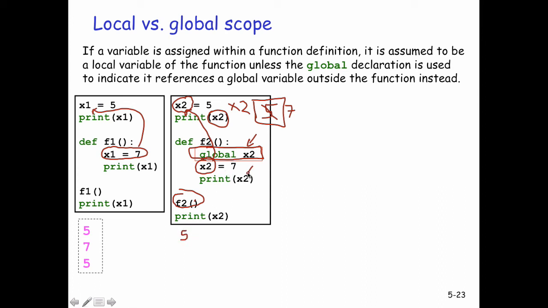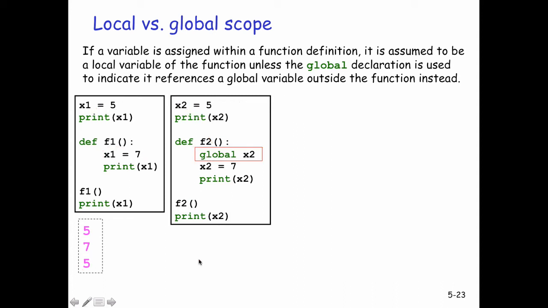Then in our second print, we have changed that value from 5 to 7. And in our final print, since there was only one value of x2, the final value is 7. So this is a different behavior than before, because before we hadn't changed the outer value of 5 to 7. But in this case, there was only one x2, and we have in fact changed that.